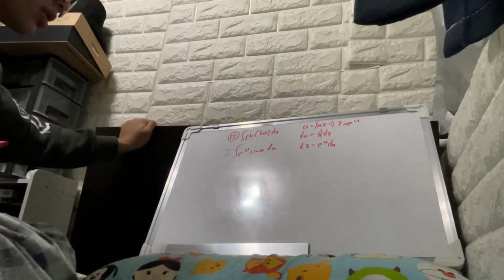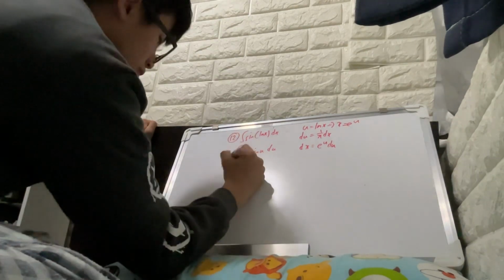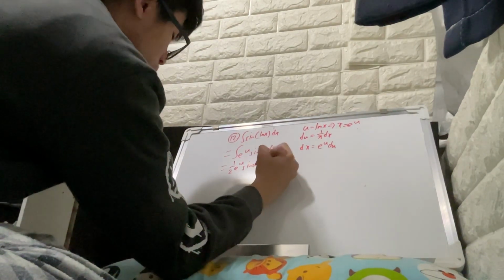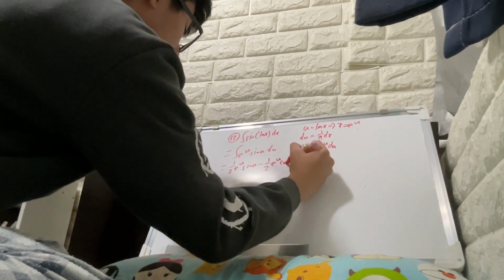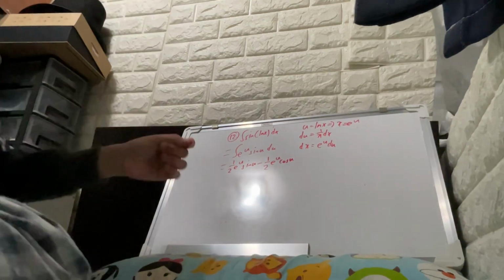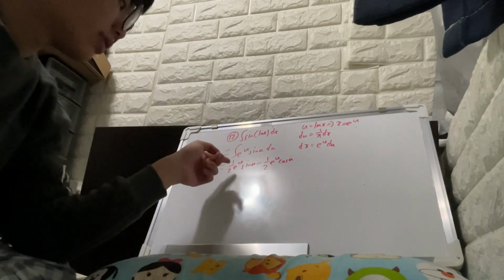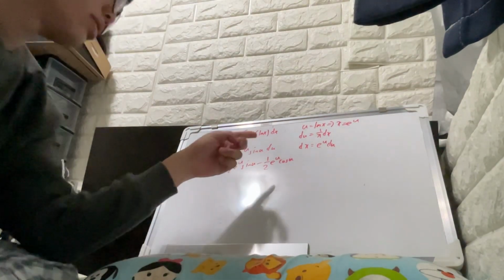So this is, I recommend you guys to memorize this. This is just 1 over 2 e to the u sine u minus 1 over 2 e to the u cosine u. And then if this is e to the u cosine u, you get 1 over 2 e to the u sine u plus 1/2 e to the u cosine u.